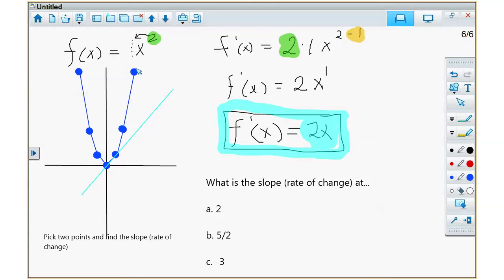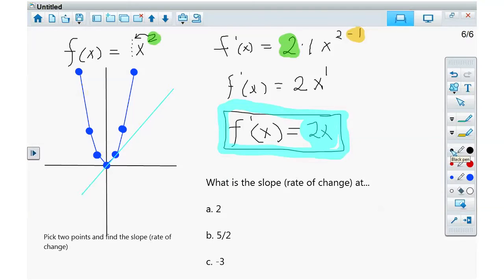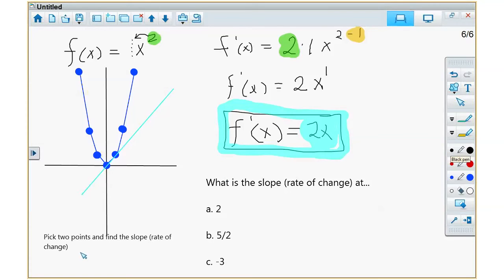You can just use my points. Use 3 and 9 and 2 and 4. See what you get. Nine minus 4 over 3 minus 2.